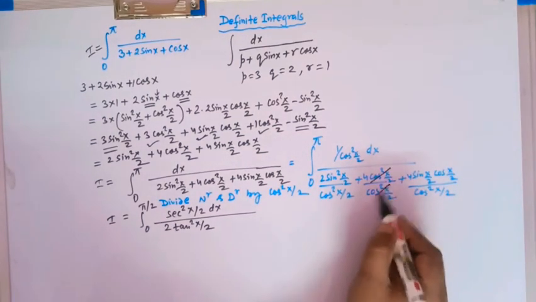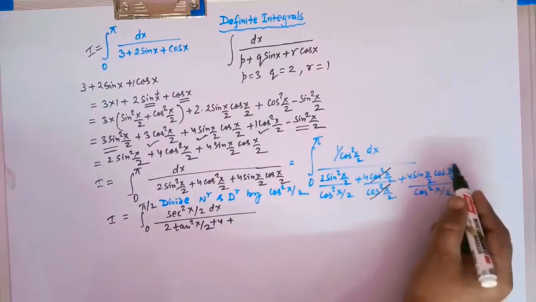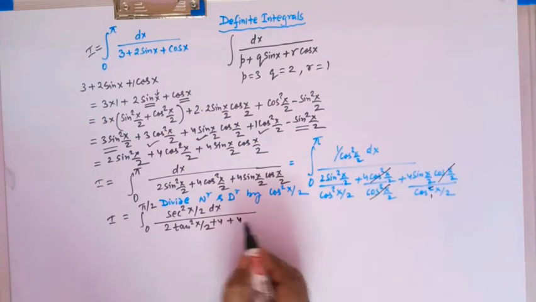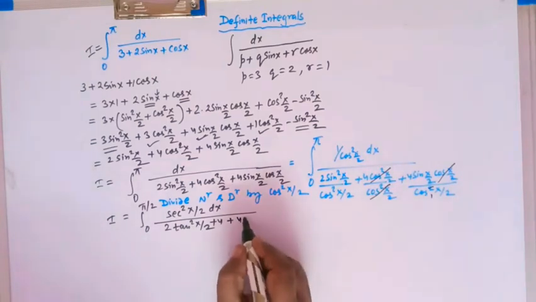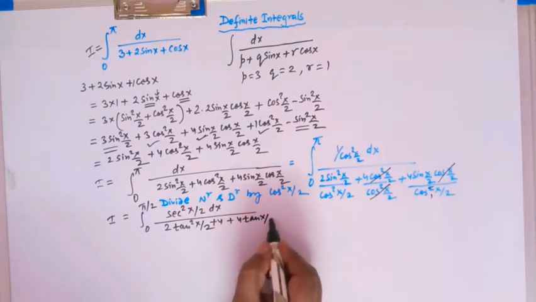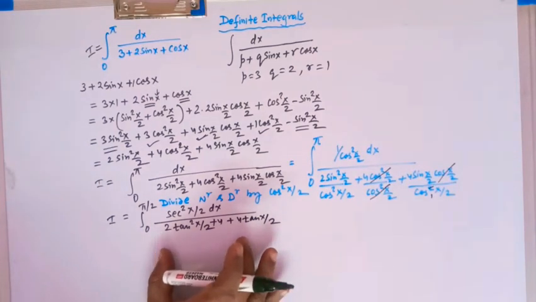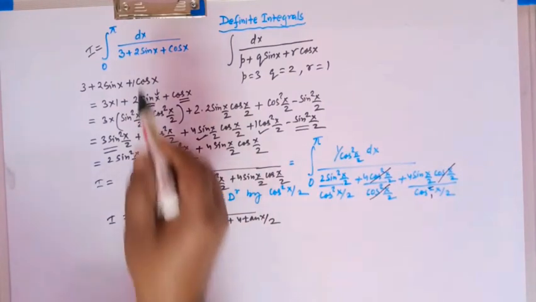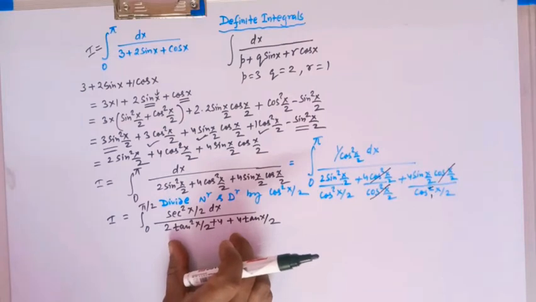Now these two get cancelled, so we are left with 4 plus, here we have cos x by 2 and one power gets cancelled, so we have 4 sin x by 2 divided by cos x by 2, that is 4 times tan x by 2, right? So this is the integral which we want to have, we have reduced this integral into this integral, right?